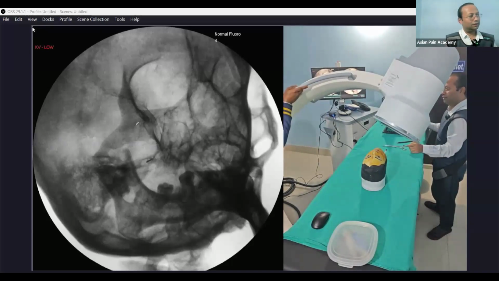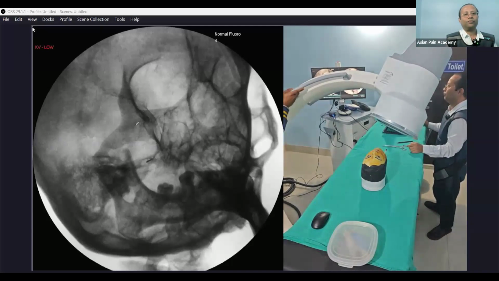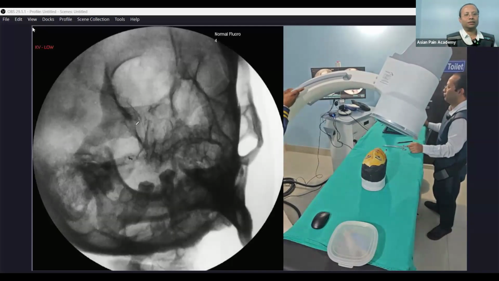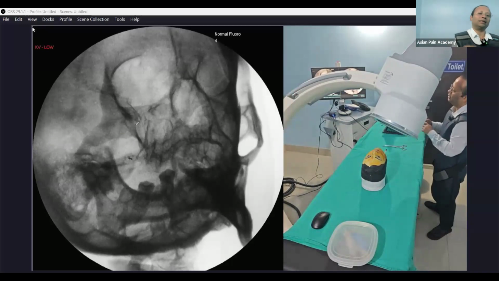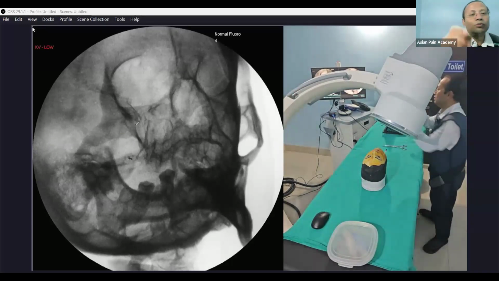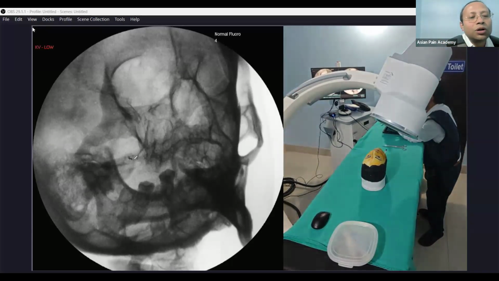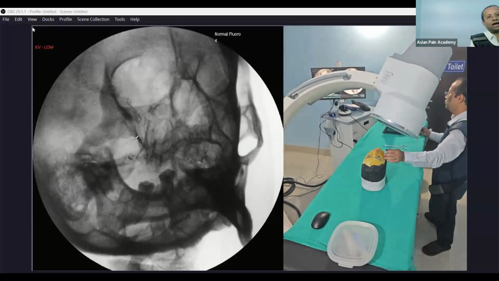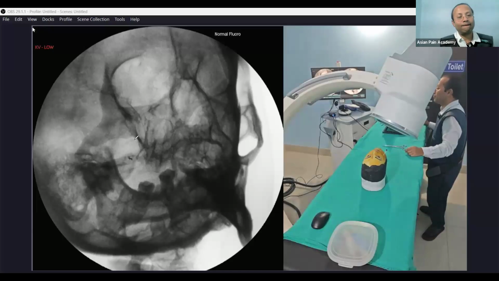Oblique. Yes. So we can see that this is in the right position. And now one more thing, you can see the small tip, the tip is a bit angulated. So from outside also, I can change the angulation. Now shoot again.